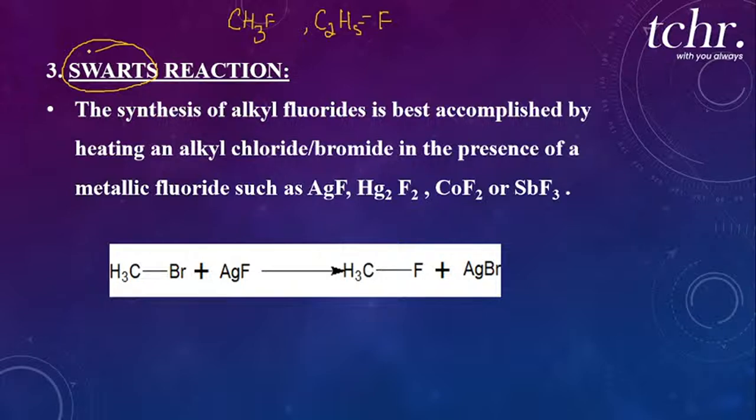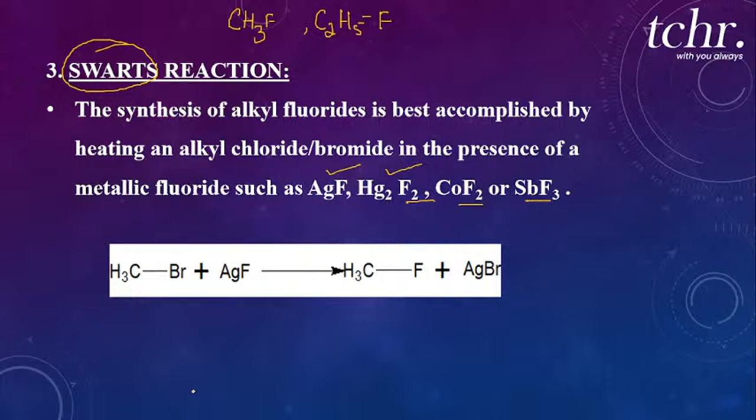In the Swarts reaction, my dear students, you have a chloroalkane or a bromoalkane. Just treat that with silver fluoride, AgF, or mercurous fluoride, or any type of metallic fluoride salt. Is that clear?